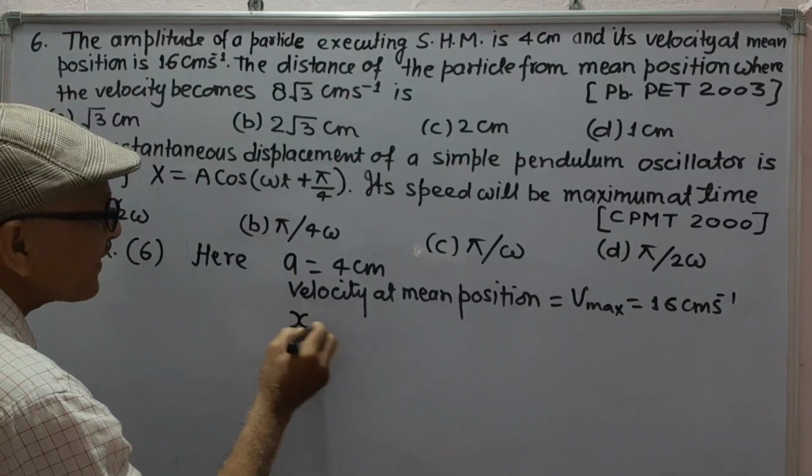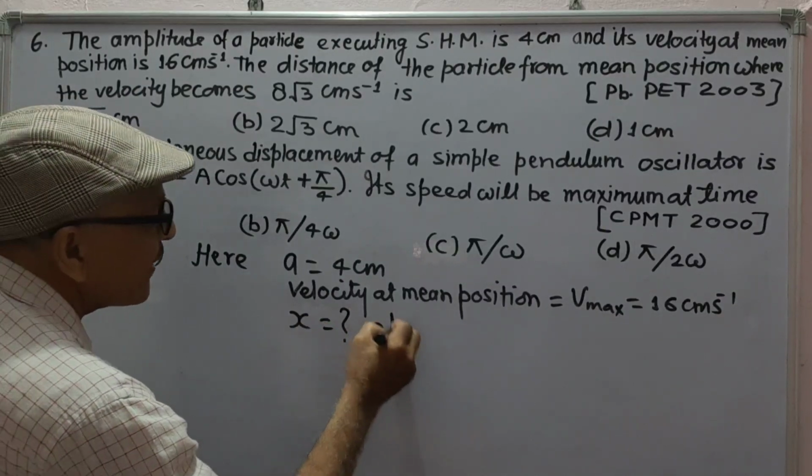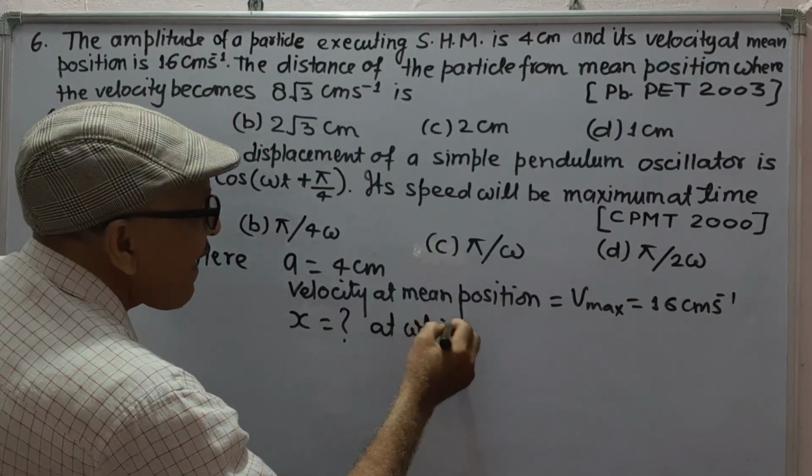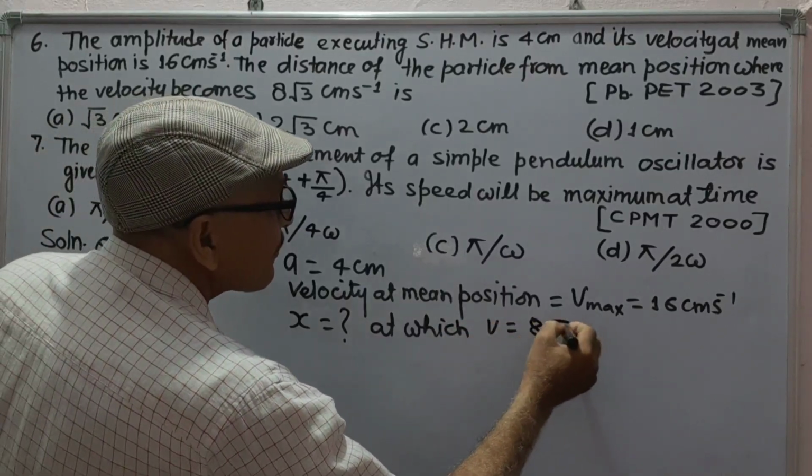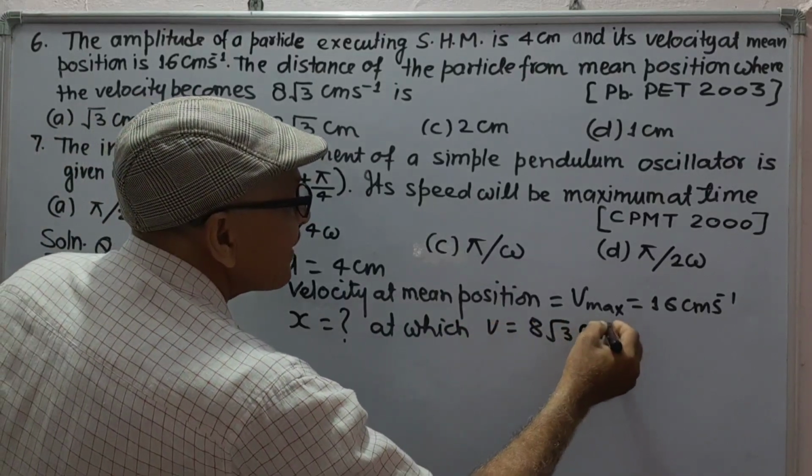We have to find the distance at which v becomes 8 root 3 cm per second.